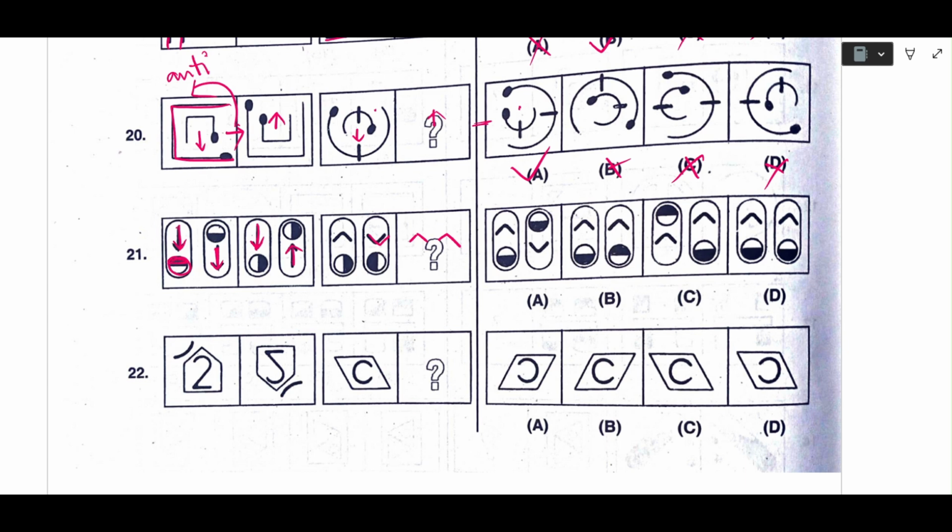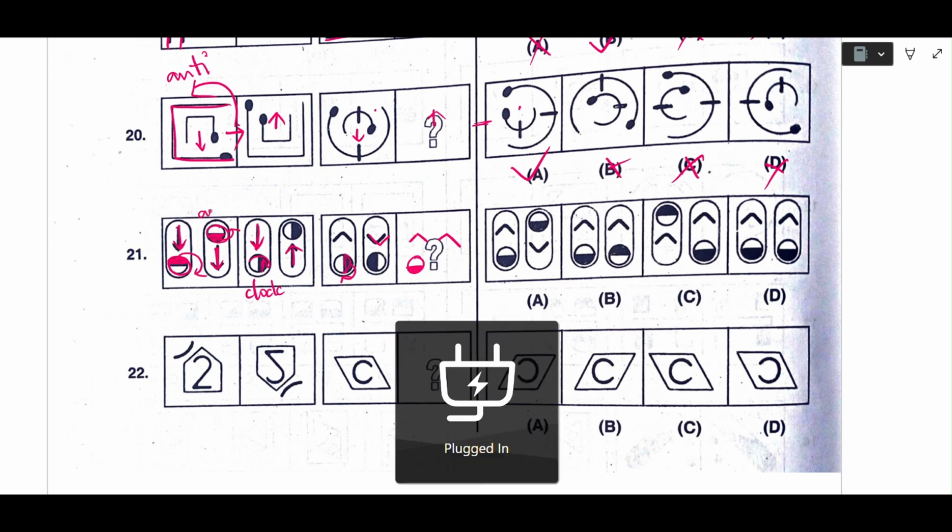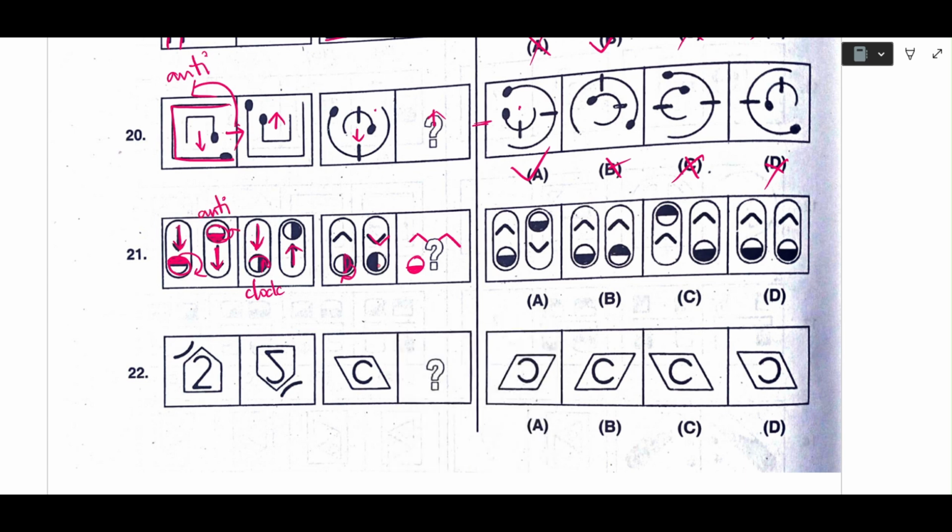So black ball, this was black, and how did this black get changed? This black came to right side. This is clockwise, right? So here also this black should move to the right side. So how will it be moving? If it moves to the right side, then it will become like this, okay? And here in the second circle, the darkness was here and it moved to this direction, that is in anti-clockwise direction.